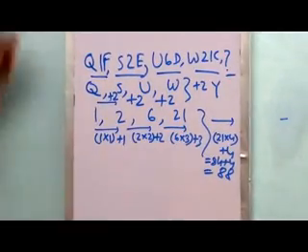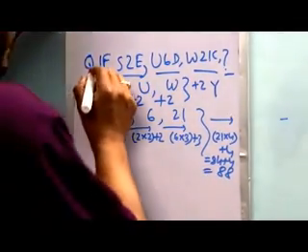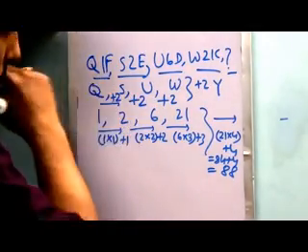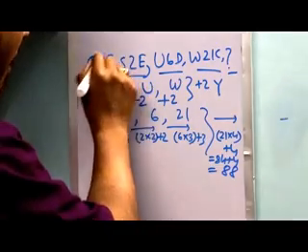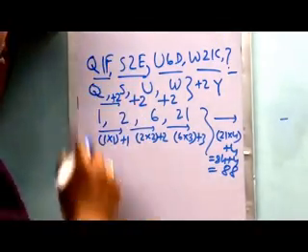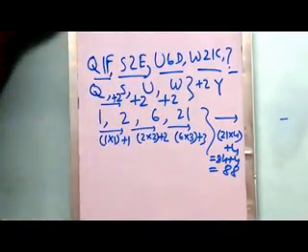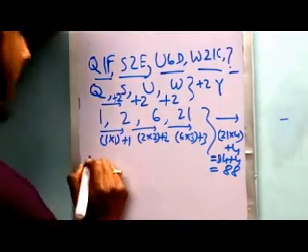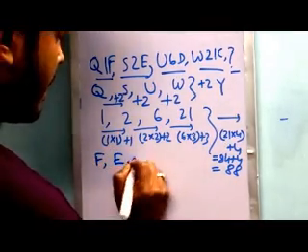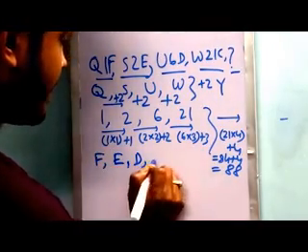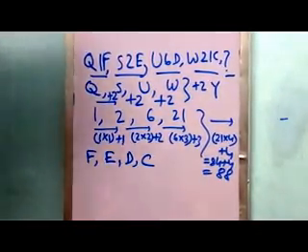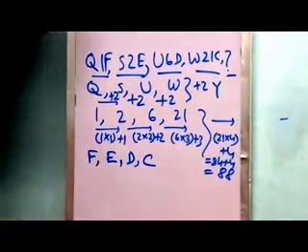Now let's consider the top right letter of each part, as it's only left here. So here F, E, D, C. If you think this way, the calculation will be much easier.